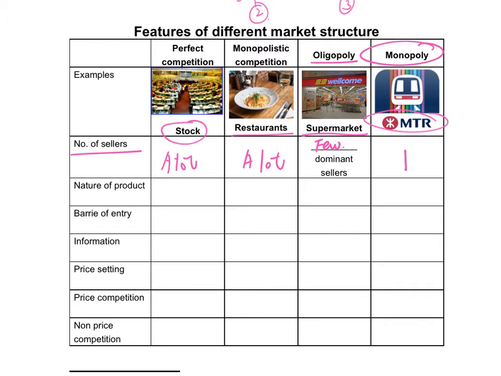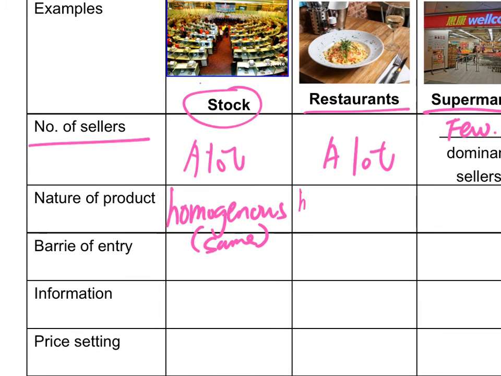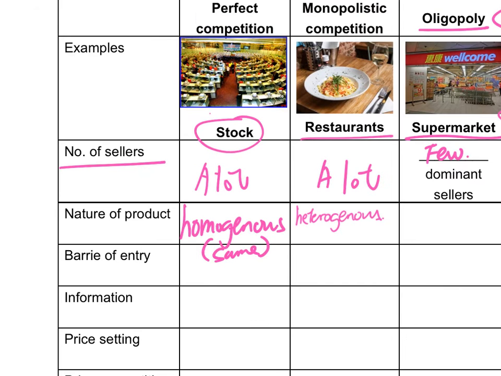For the nature of the product, perfect competition only sells homogeneous goods, that means the same goods. Every seller is selling the same goods. Monopolistic competition is a little bit different because there are a lot of sellers, like many restaurants, and they try to attract consumers, so they have to make themselves different from others. So they try to make heterogeneous goods, that means they are different in nature.